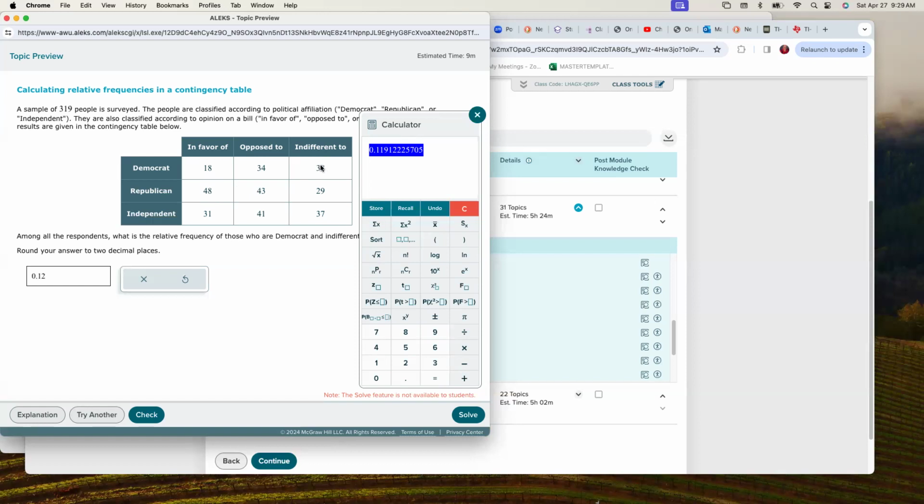Well, that would just be the 38 divided by the 319. So again, not worded in terms of probability, but relative frequency can be used to determine a probability as well, because they're essentially the same thing in terms of how we compute those.